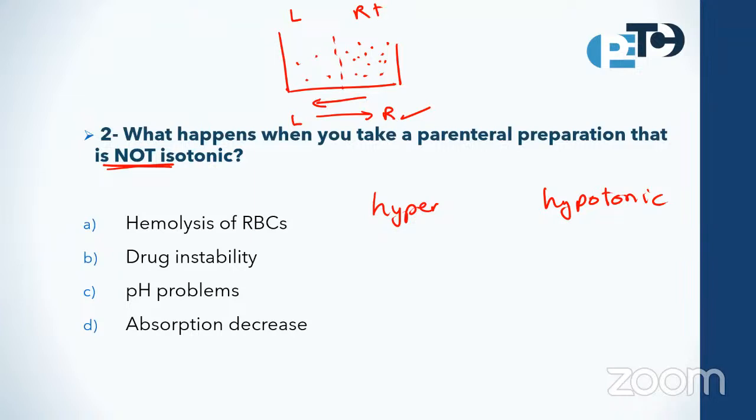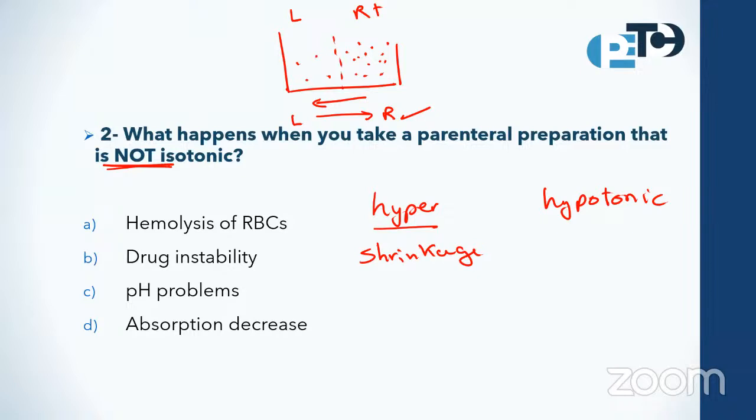Okay, so suppose we have a hypertonic, it has a higher concentration than plasma, so it will cause a suction of the fluids from the tissues and from the cells surrounding it. So it will cause a suction of fluids from RBCs, leading to shrinkage of RBCs. For hypotonic, having a lower concentration, the fluids go from it to the surrounding tissues or to the RBCs.